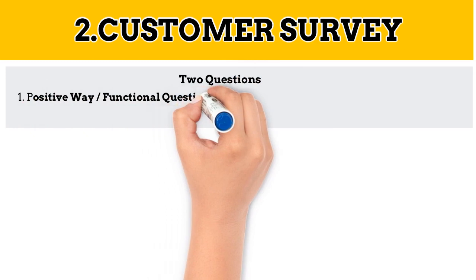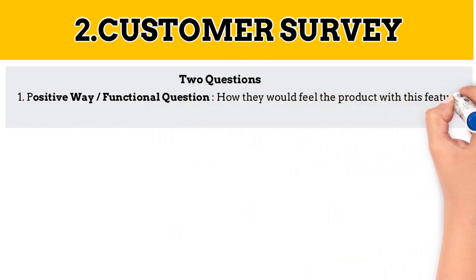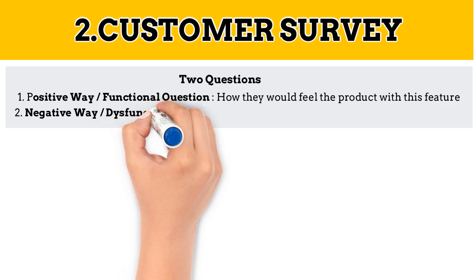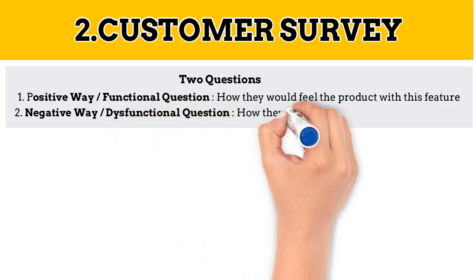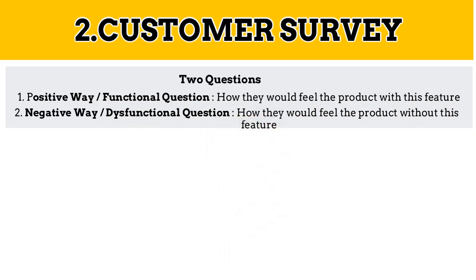That means you ask your customer how they would feel if the product had this feature. And the second question is asked in a negative way, which is also known as the dysfunctional question, which means you ask your customer how they would feel if the product did not have this particular feature.